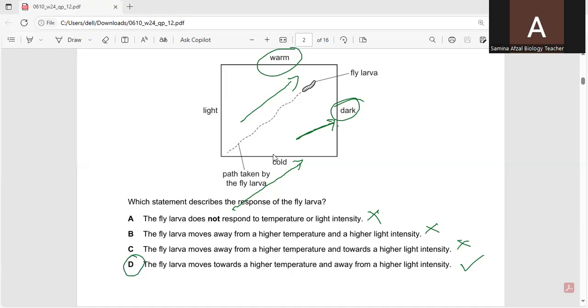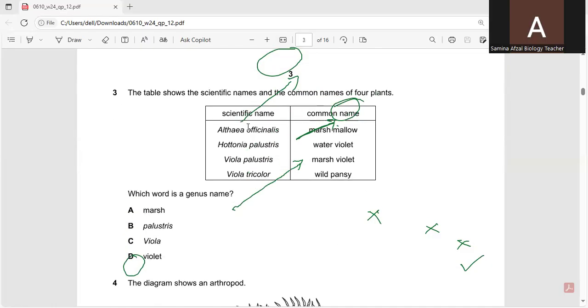Next question is, the table shows the scientific names and the common names of 4 plants.